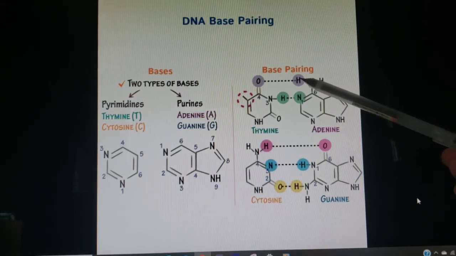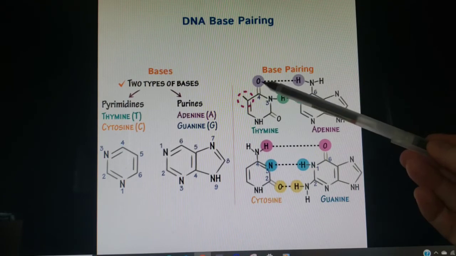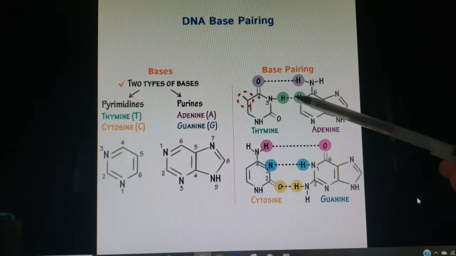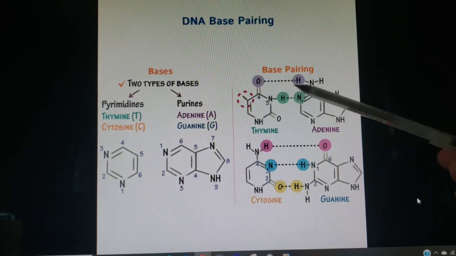So this hydrogen is feeling electron withdrawal, and this oxygen has electrons that it would like to share. And this generates a very weak electrostatic attraction.